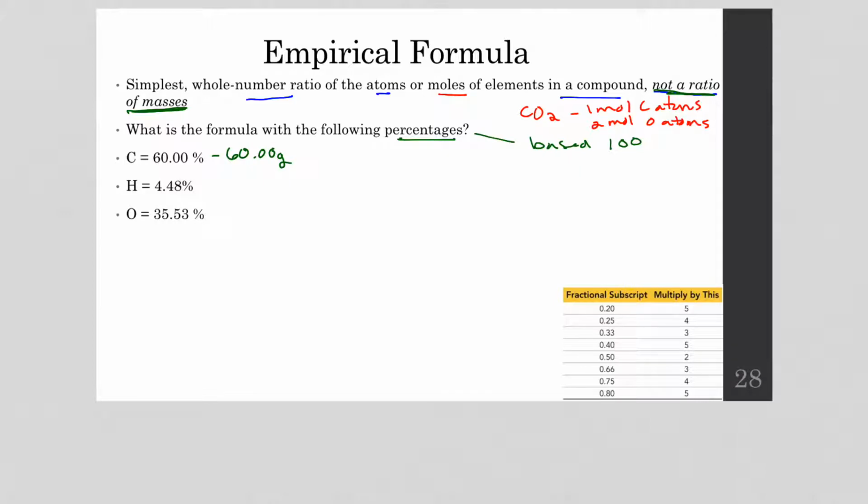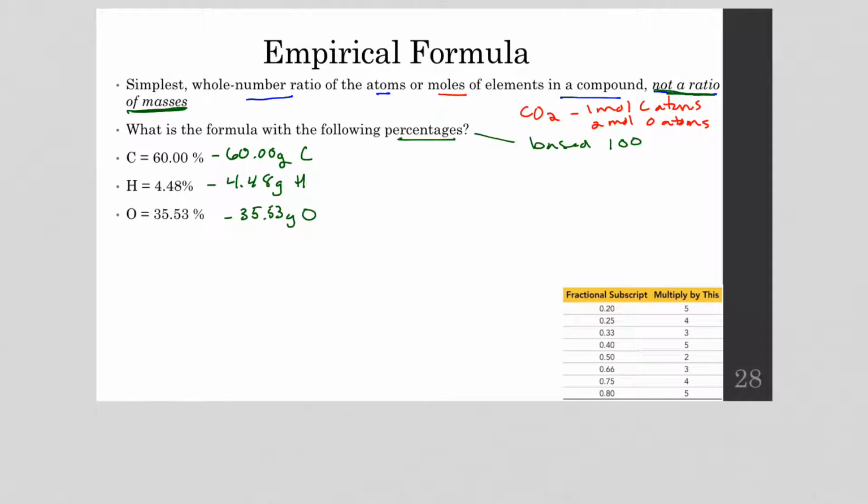And so if I just choose a 100-gram sample and break it down, then I can convert these percentages directly into grams. So of that 100-gram sample, 60 grams are going to come from carbon, 4.48 grams are going to come from hydrogen, and 35.53 grams are going to come from oxygen.